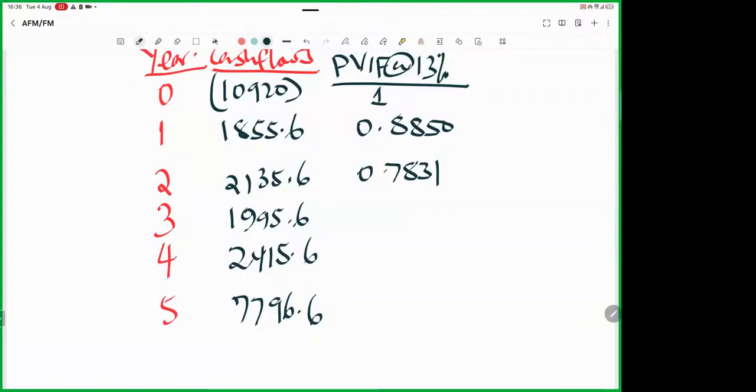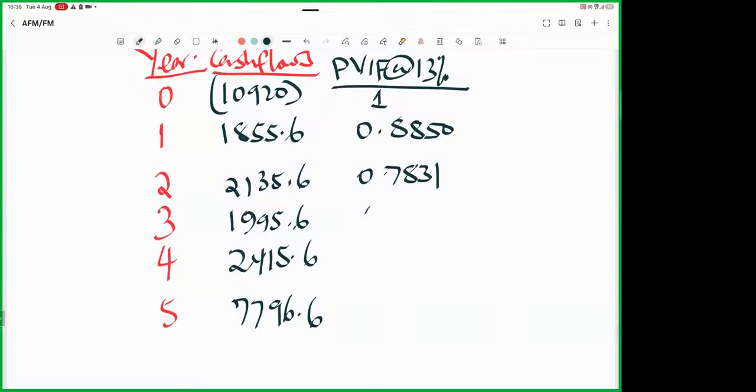End of year 3, 6931. End of year 4, 6133. End of year 5, 2428.